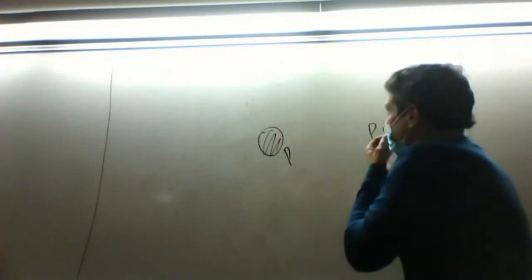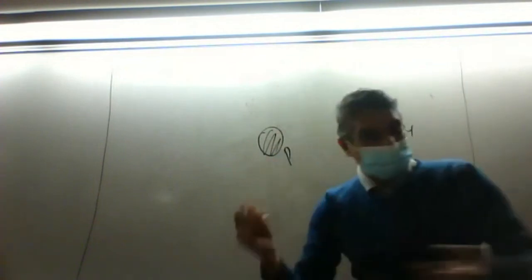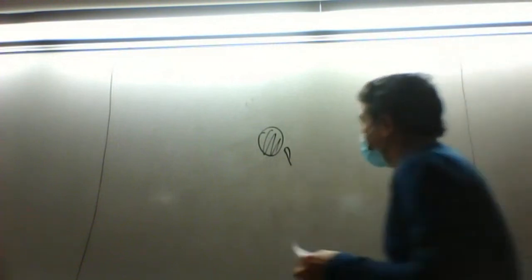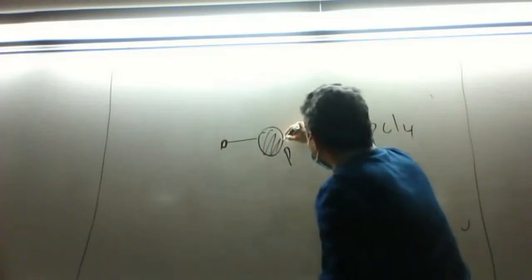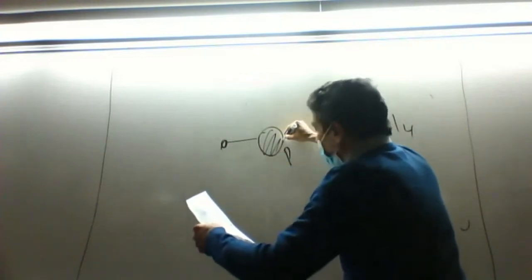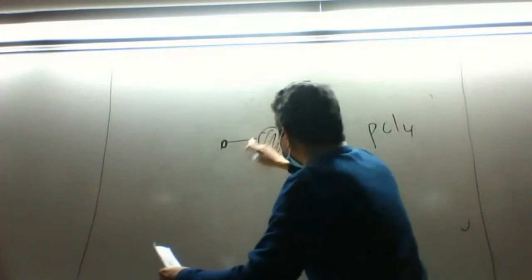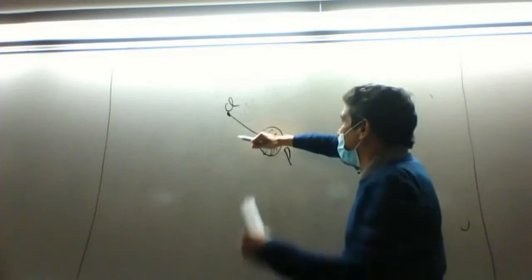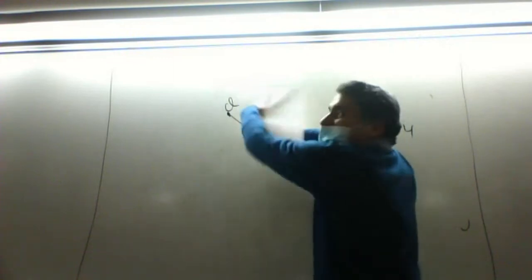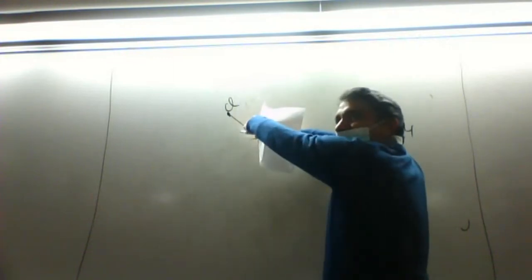So this is P. Now what I do is, let's put this is Cl, this is Cl, and I just put it a little bit differently here. This is Cl, this is in the plane. I'm just holding the P here in my hand, and Cl is going like this, right?